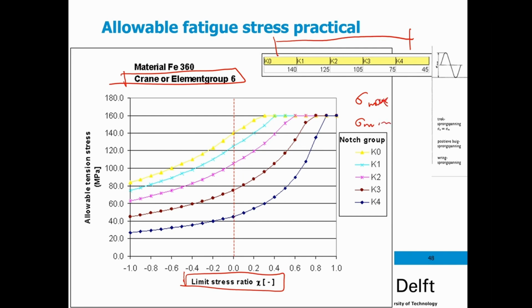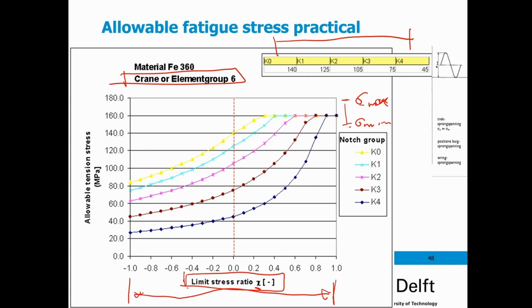So if I know on a certain point my maximum stress and my minimum stress, I take the quotient between the two, and be aware that if the absolute minimum stress is bigger than the absolute maximum stress, the sign swaps. But then, based on this limit stress, the quotient between the minimum and the maximum determines what kappa value I have.